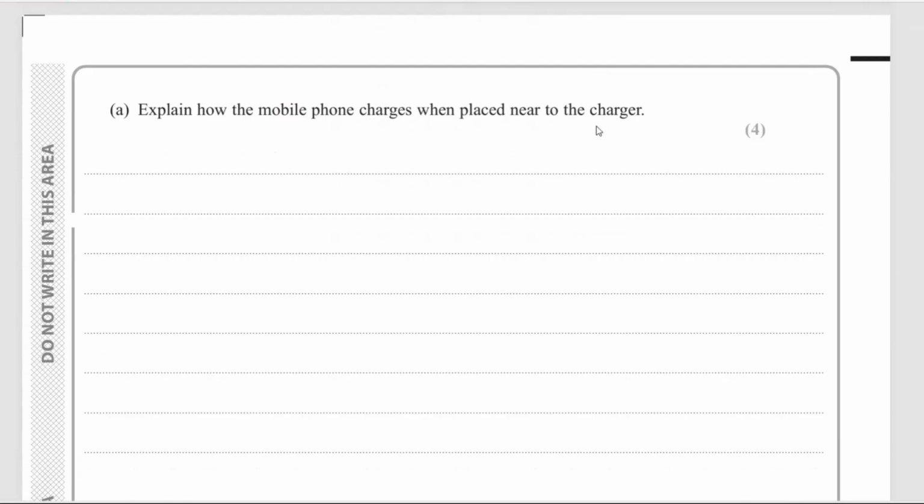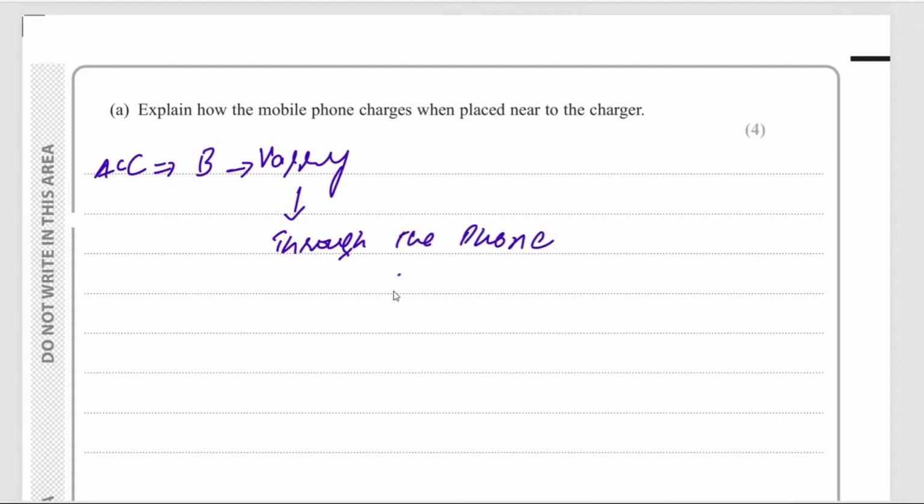So you just need to mention one thing: that the current in the charger is going to produce some sort of magnetic field, right? And this current is due to AC, so that magnetic field is going to vary, right? And when this magnetic field is varying, what does that mean? Through the phone, the magnetic flux is going to change.